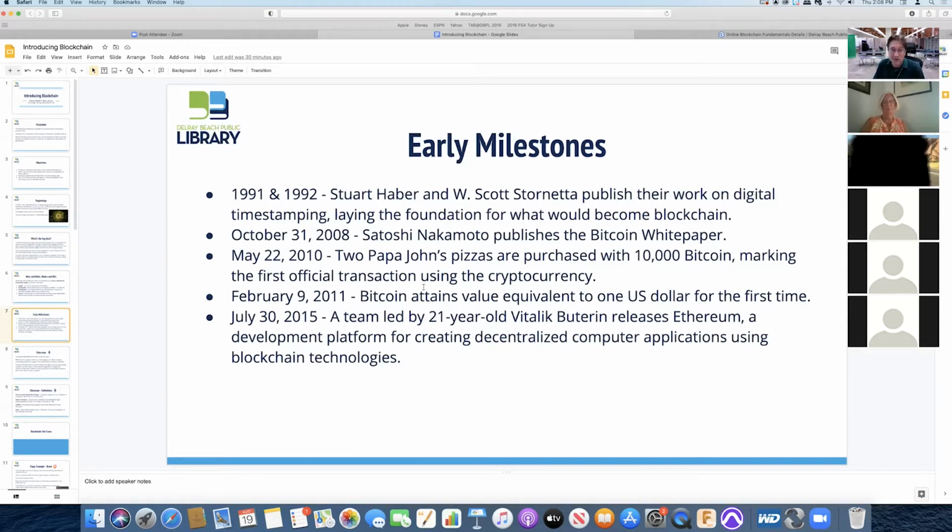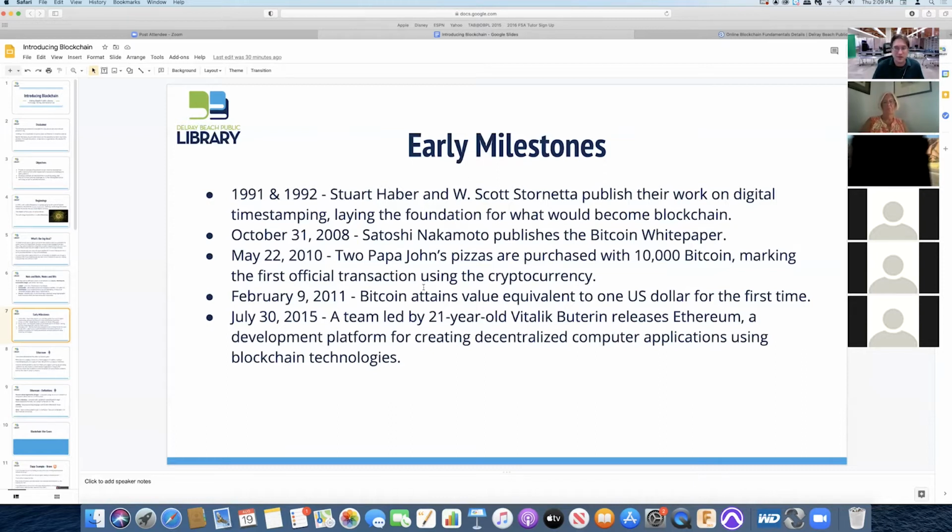On May 22nd, 2010, 2 Papa John's pizzas were purchased with 10,000 Bitcoin, marking the first official transaction using cryptocurrency. And on February 9th, 2011, Bitcoin attained the value equivalent to $1 US for the first time. If you've been watching the news, the value has gone up quite a bit since then.